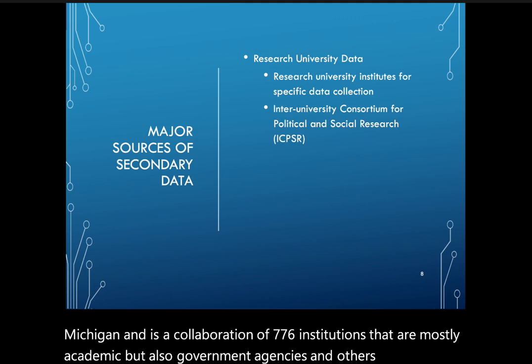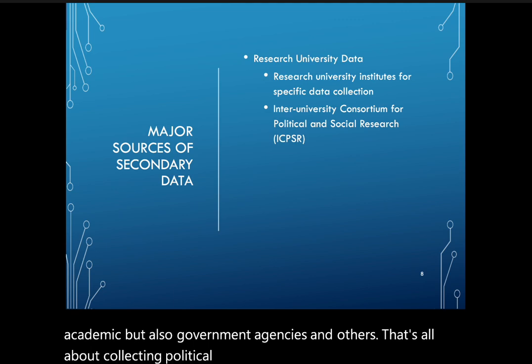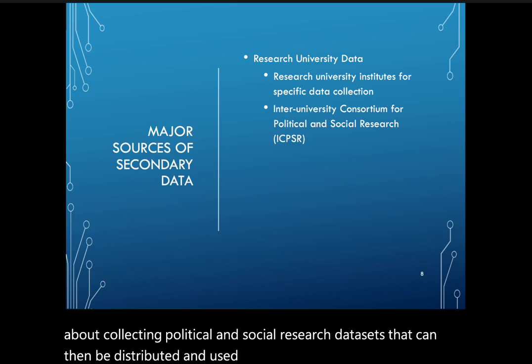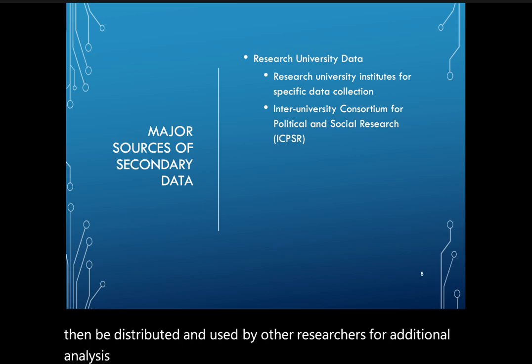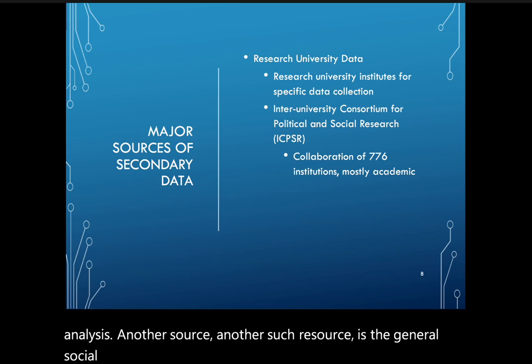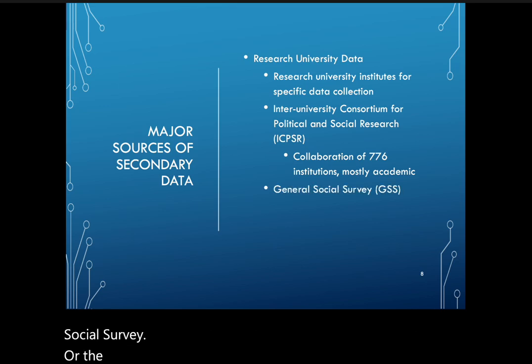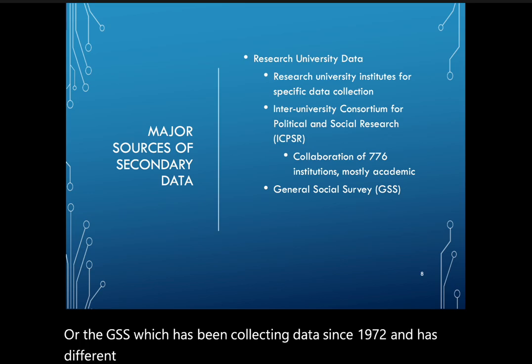That's all about collecting political and social research data sets that can then be distributed and used by other researchers for additional analyses. Another such resource is the General Social Survey, or the GSS, which has been collecting data since 1972 and has different branches, or quote unquote sister branches, internationally.